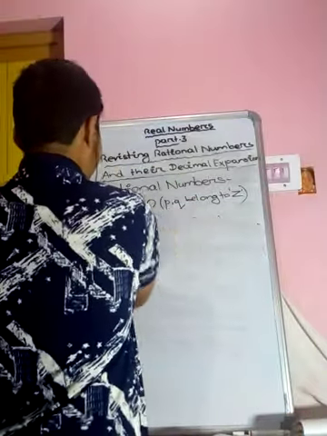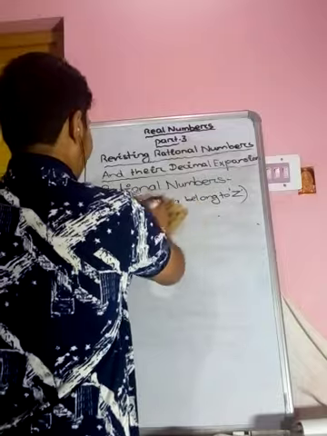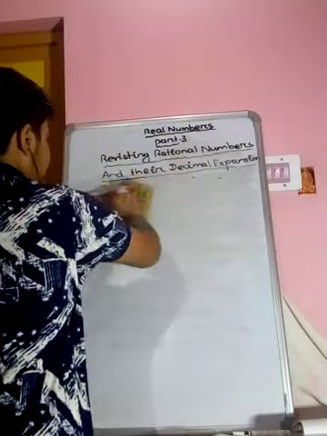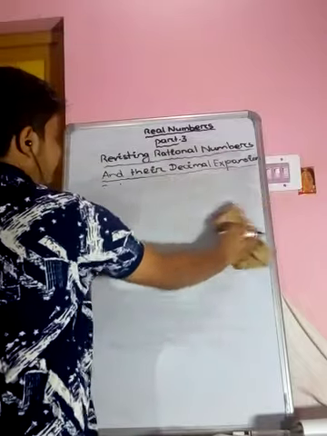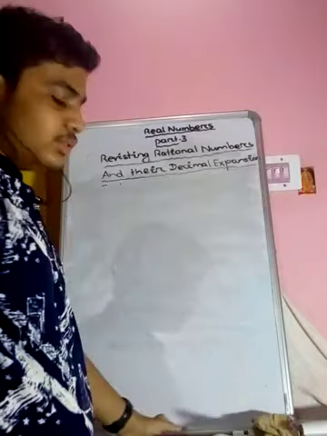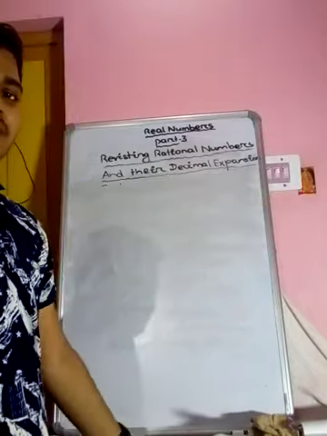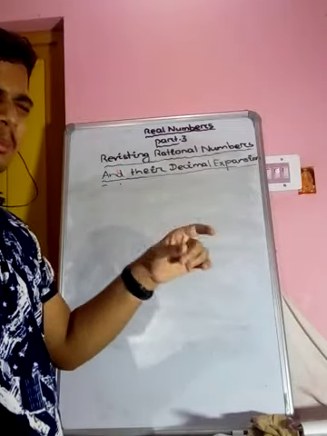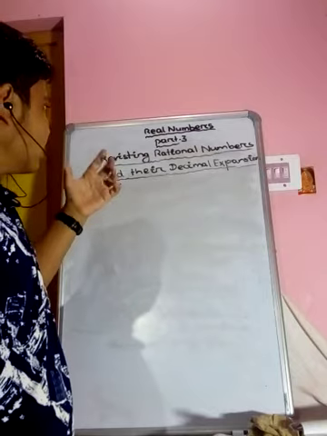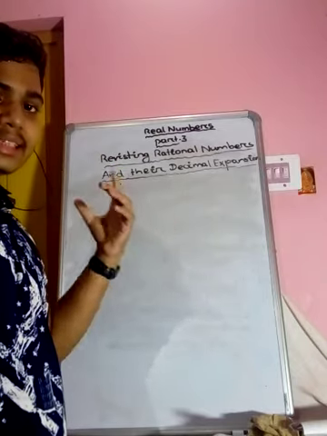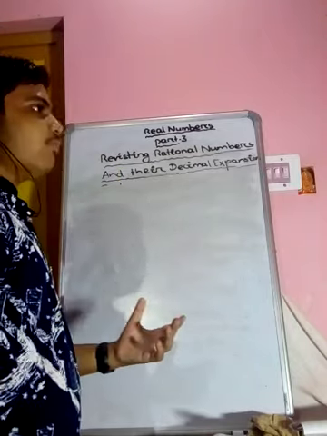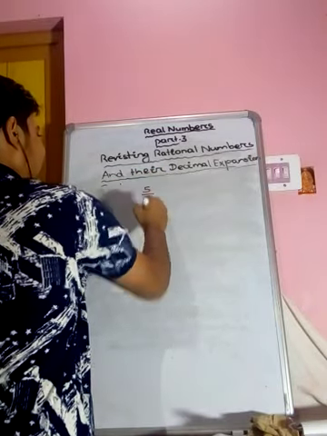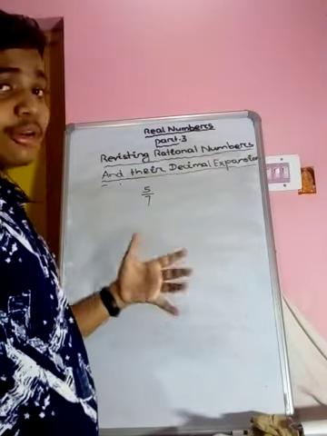Now let us learn about the decimal expansions of rational numbers. What do you mean by decimal expansion? Decimal expansion means expanding the fractional form of a rational number. For example, let us take 5 by 7 from the previous examples. How can we expand it?